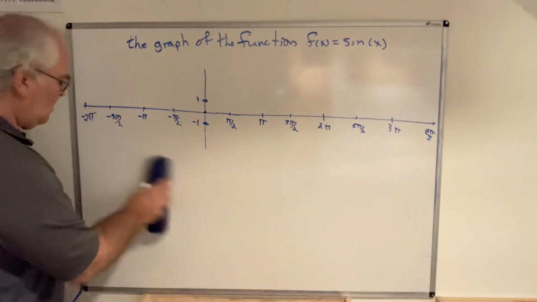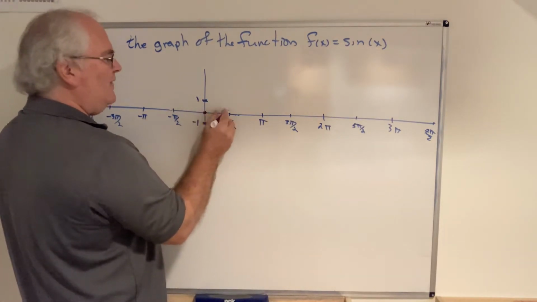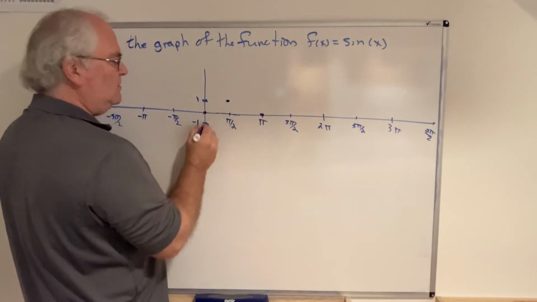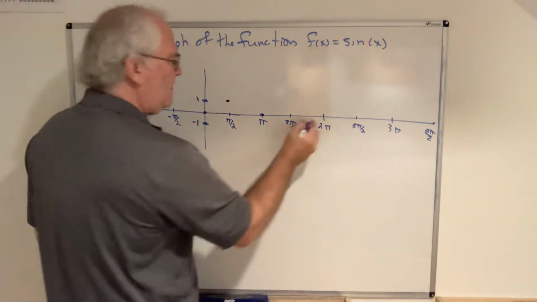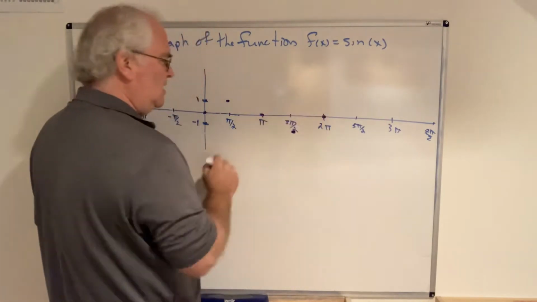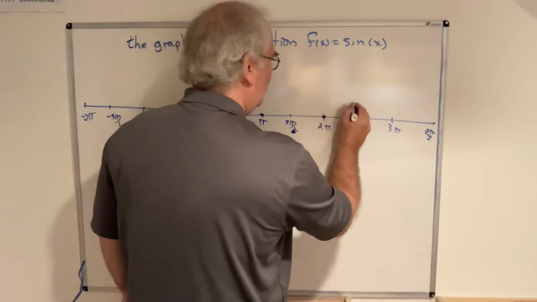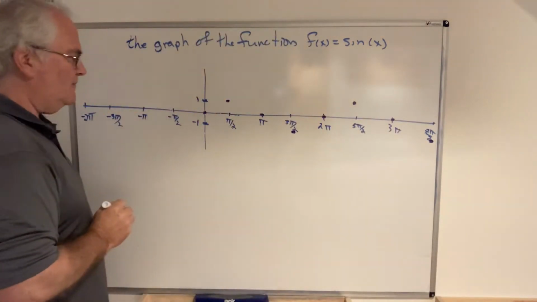So with our sine curve, the same thing happens. 0, and then it maxes out at 1, then it comes back down to 0, then it goes to minimum at -1, then back up to 0, and then you continue the cycle. 0, 1, 0, -1, 0, 1, 0, -1, as many as you care to make.